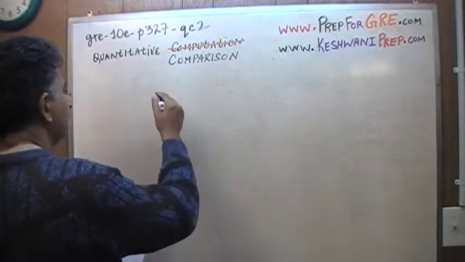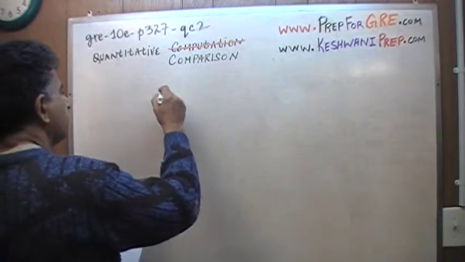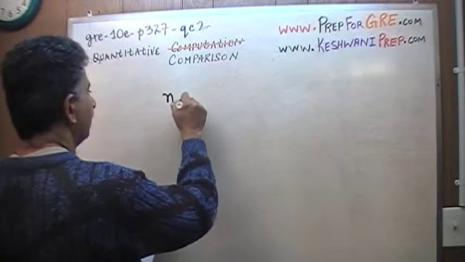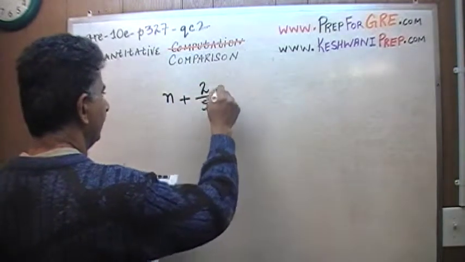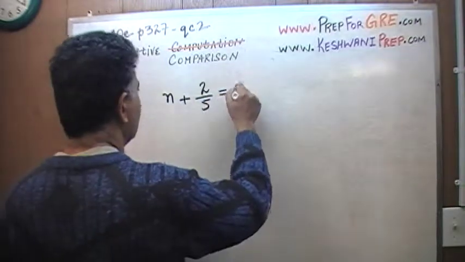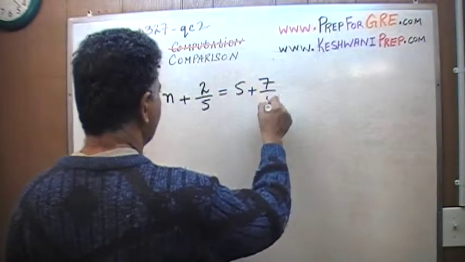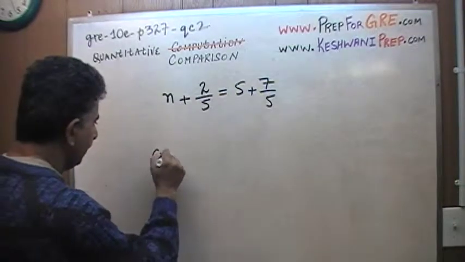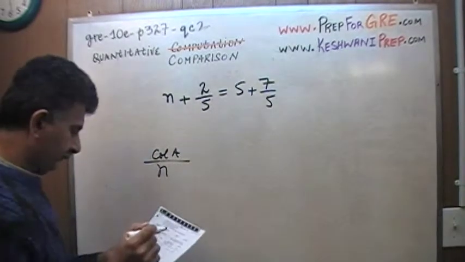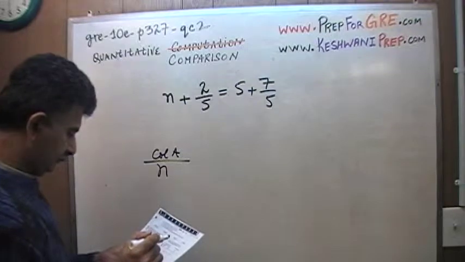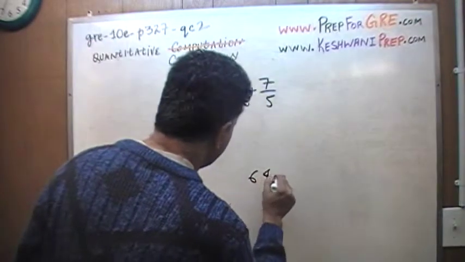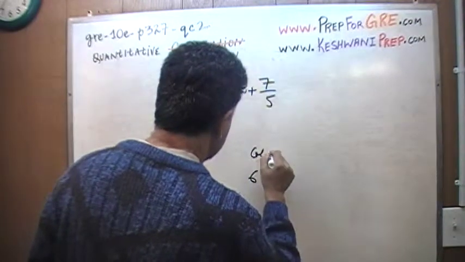They're told that n plus 2 over 5 equals 5 plus 7 over 5. And they want us to compare n in column A versus 6 and 4/5 in column B.